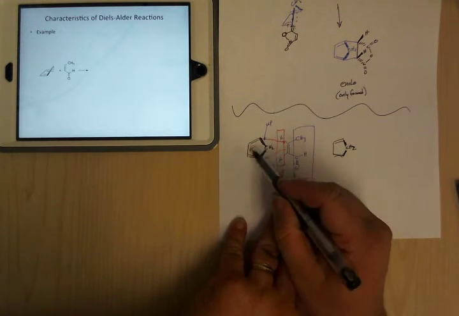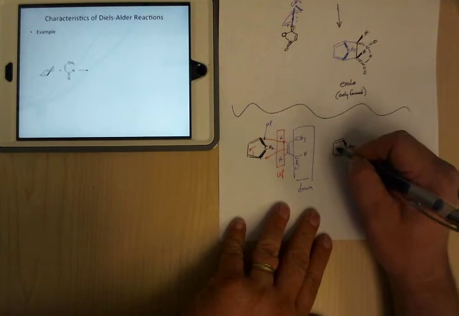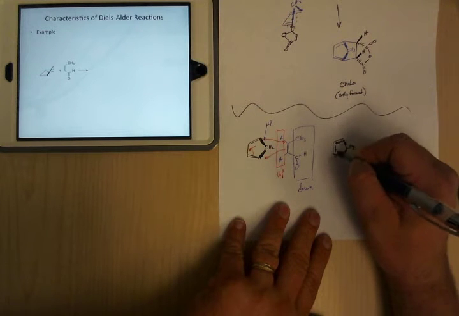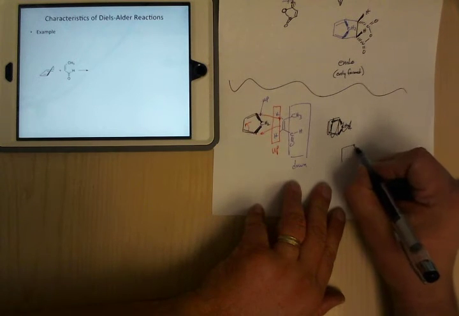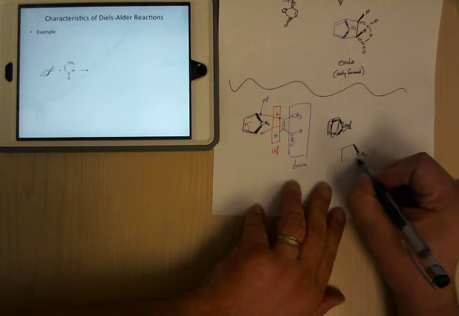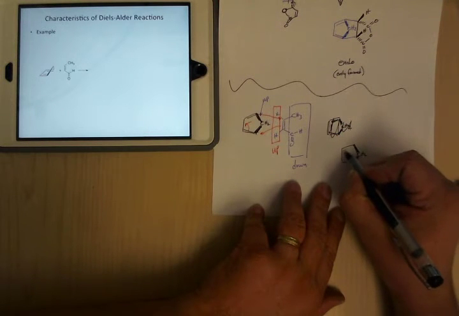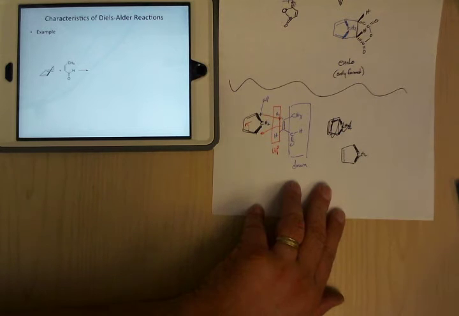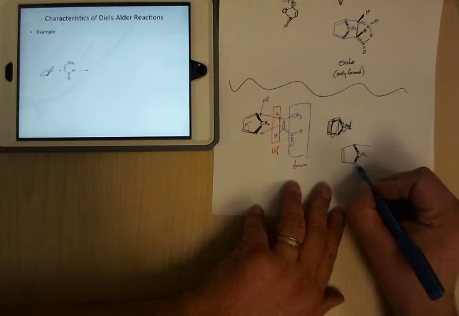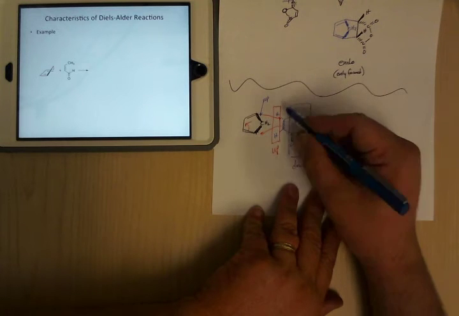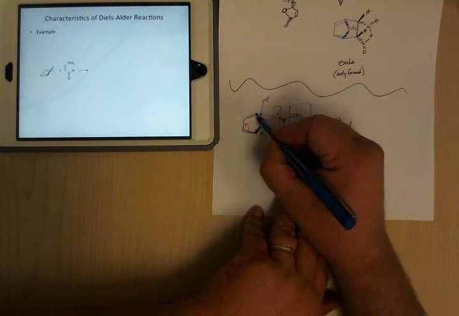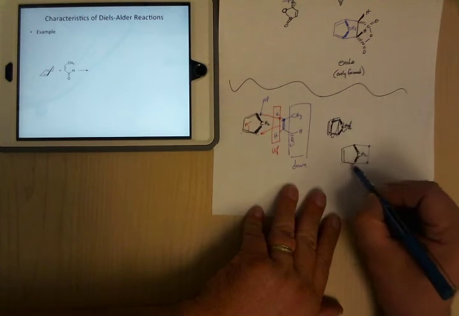So here we go. Oh, sorry, let me just start over. So it ends up being that. Okay, and then you end up with, here's the double bonds, right? So 1, 2, 3, 4, 1, 2, 3, 4.